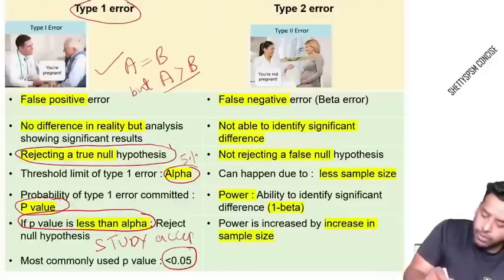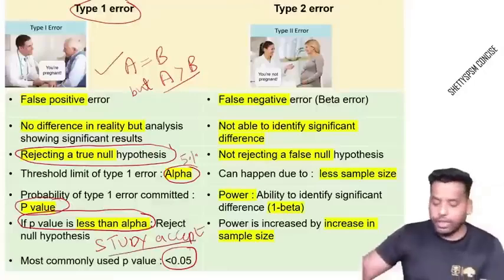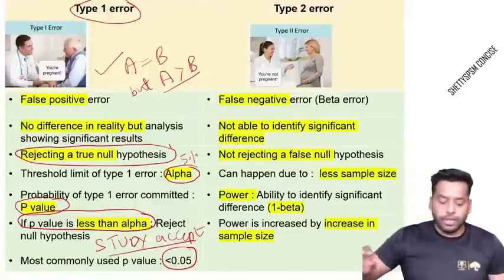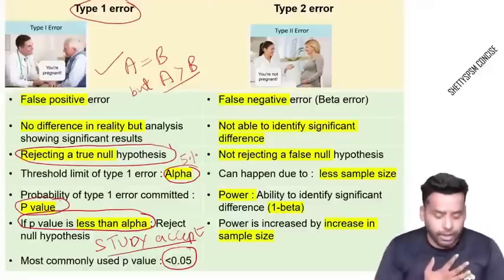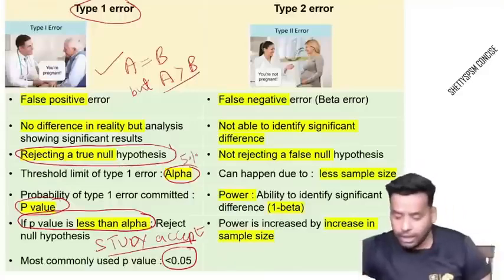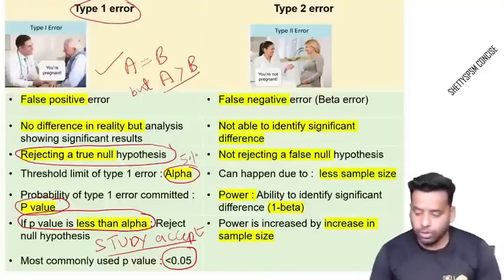If the error is less than 5%, study findings will be very good. You can accept the study findings and you can reject the null hypothesis. True or false?